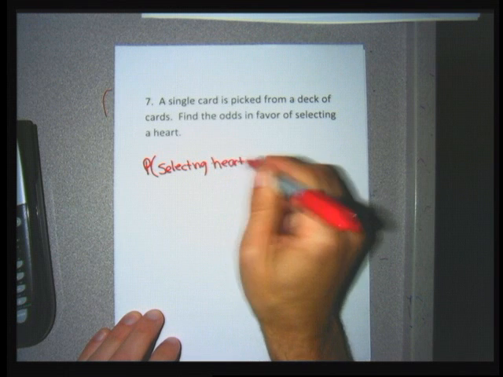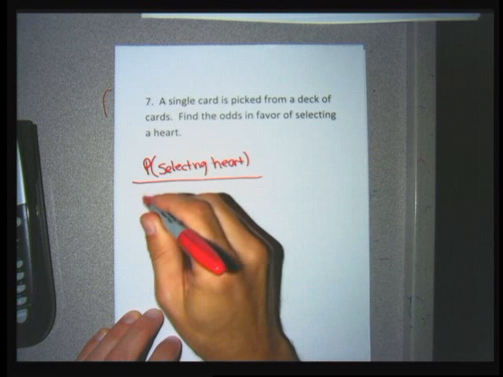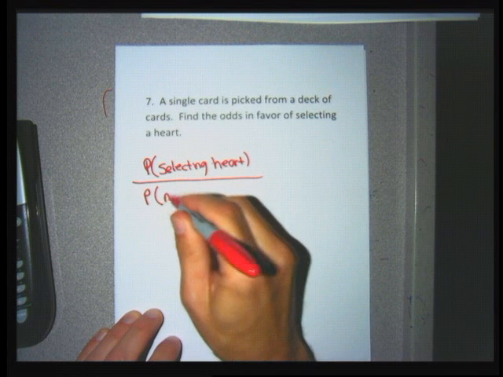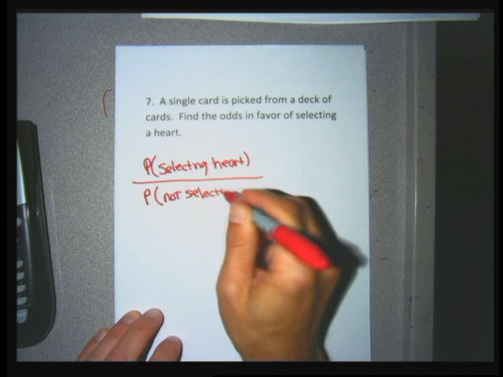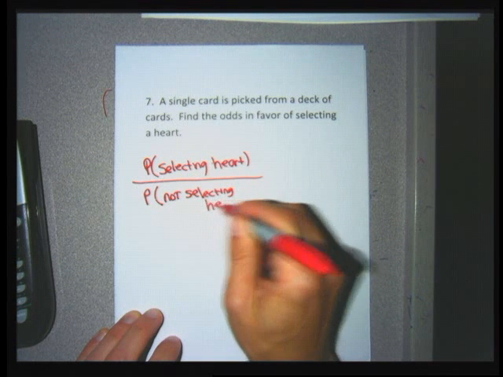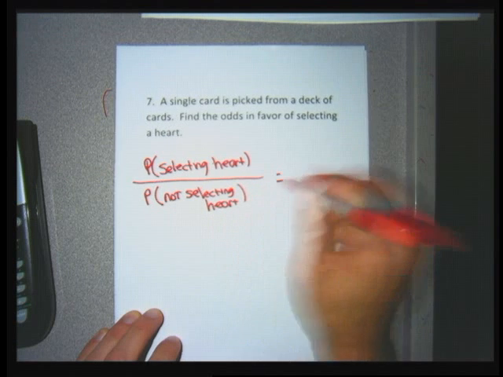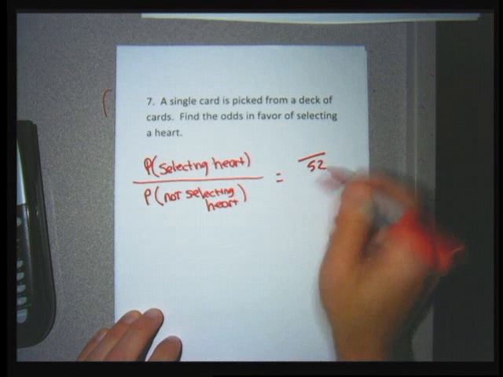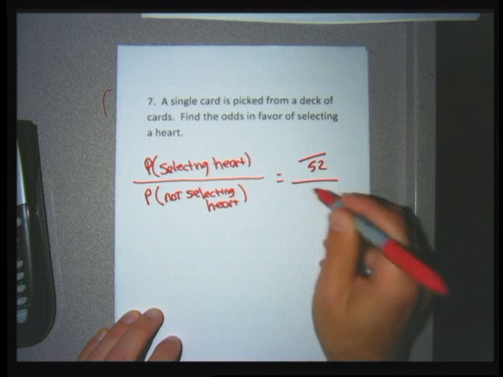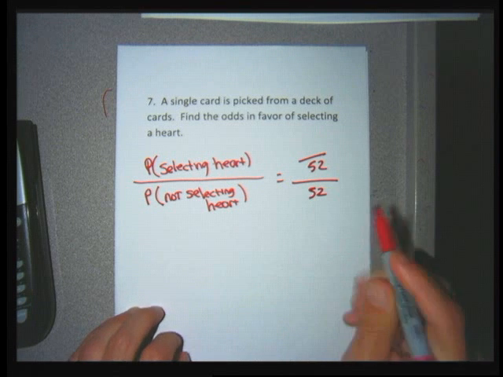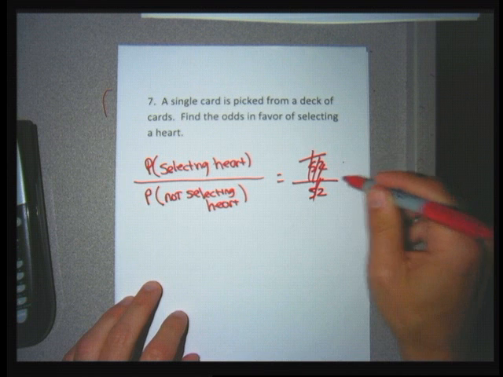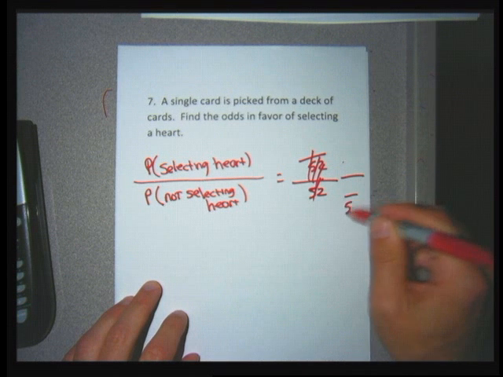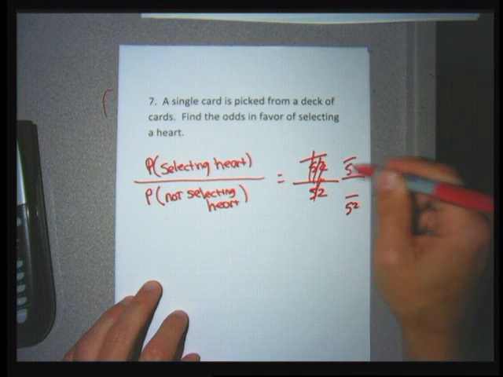So in favor, the not goes in the denominator. So I'm doing 2 probabilities with picking 1 card, and picking cards have 52s in their denominator. So I'm going to do two probabilities.